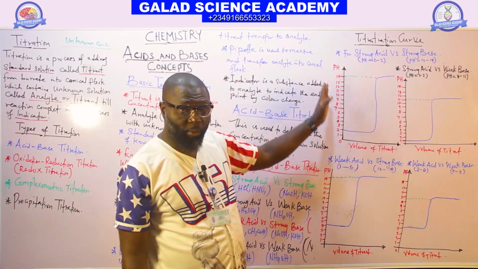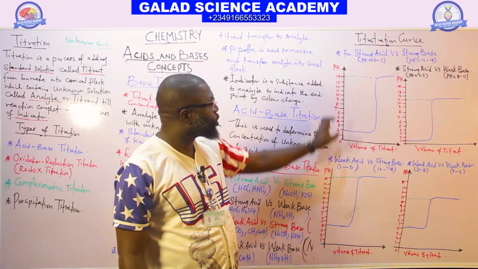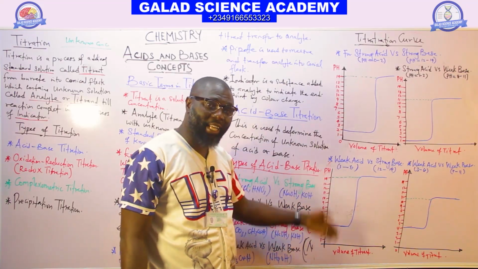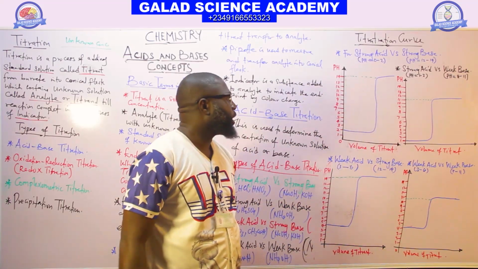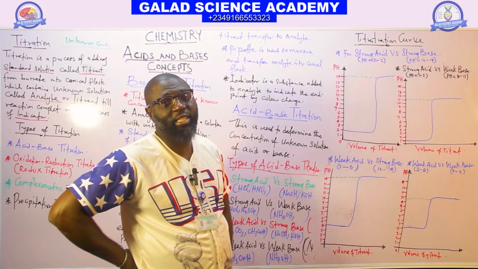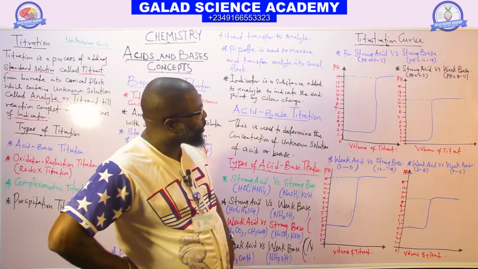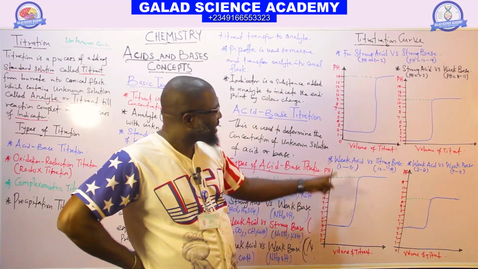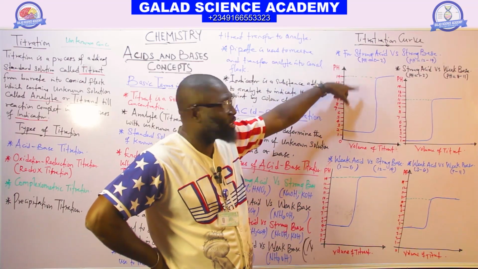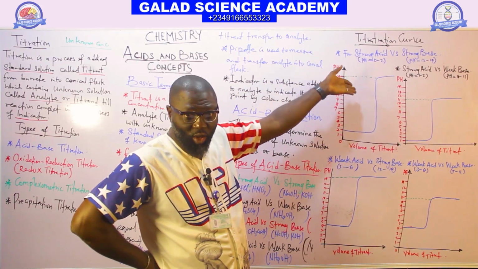So in a multiple choice question, they will just give you the curve like this, that, and they will calibrate the vertical axis. You will now be asked which of the curves represents the titration of strong acid versus strong base. What will be the option? You look at it. You know the pH of strong acid and a strong base.